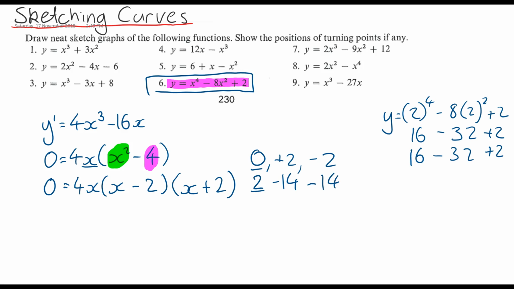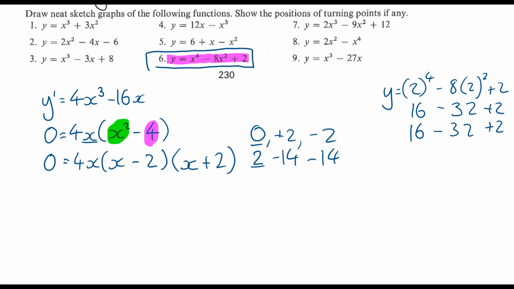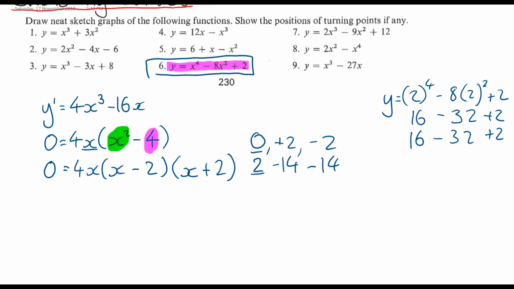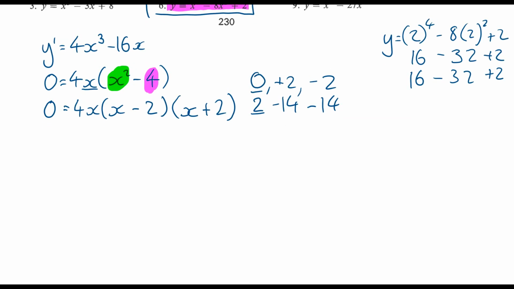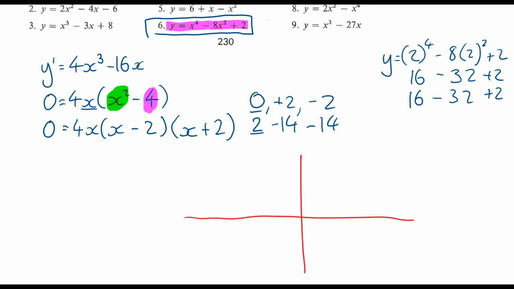So with those turning points in mind, it's now time to sketch the graph and show all turning points. So I draw a plane, and I know it goes through the point 0, 2.